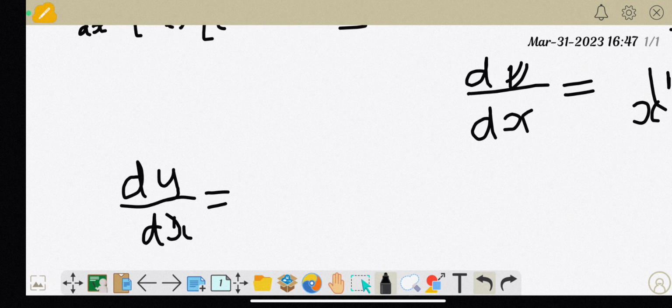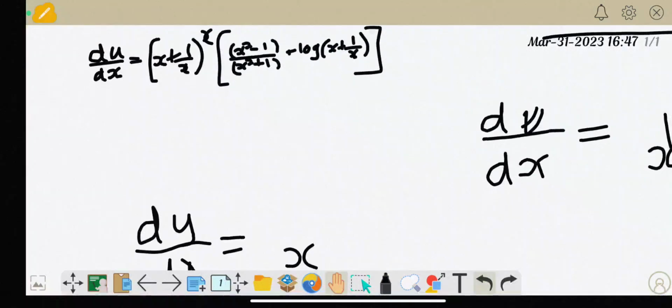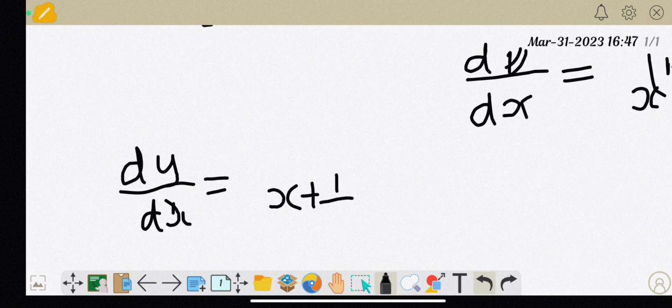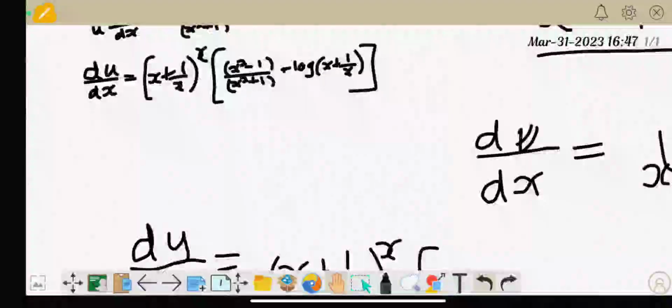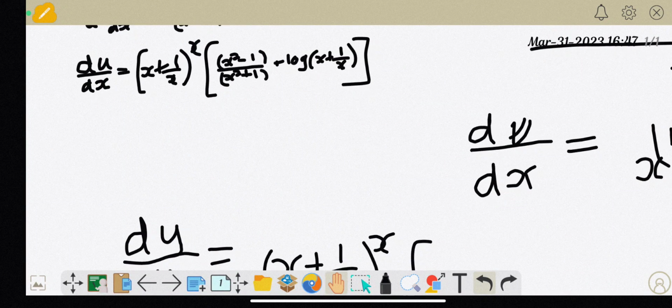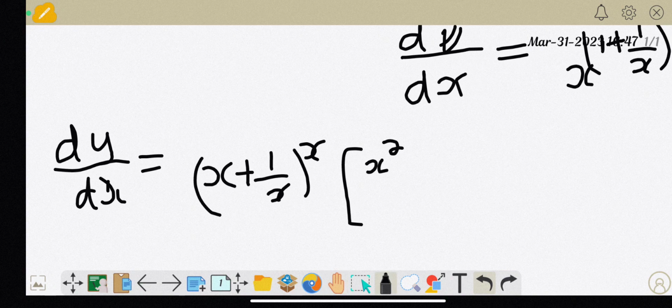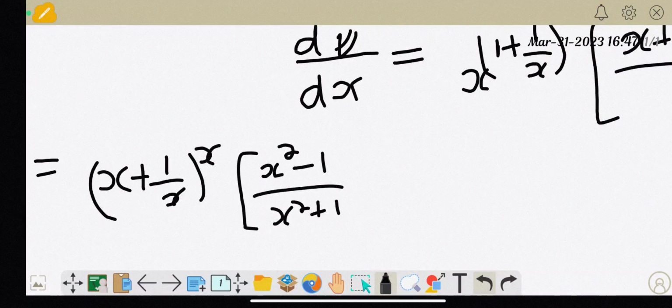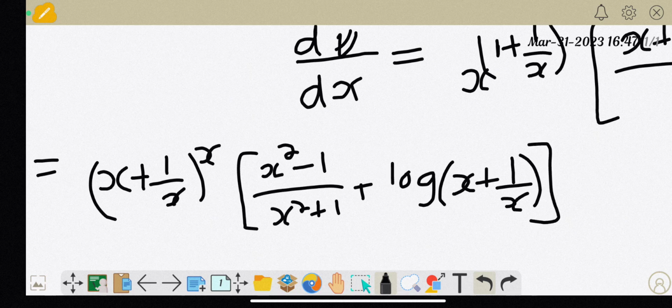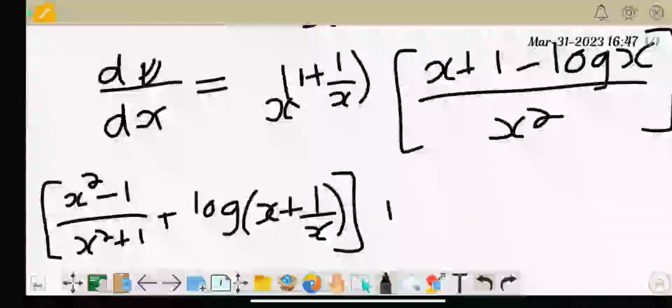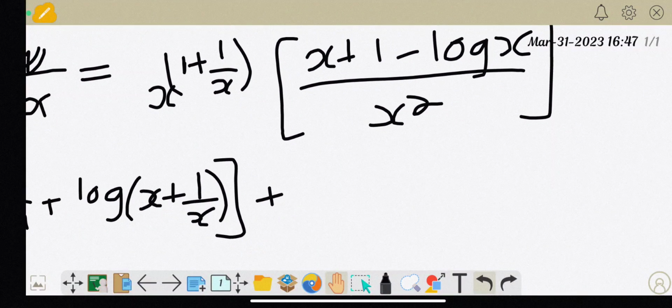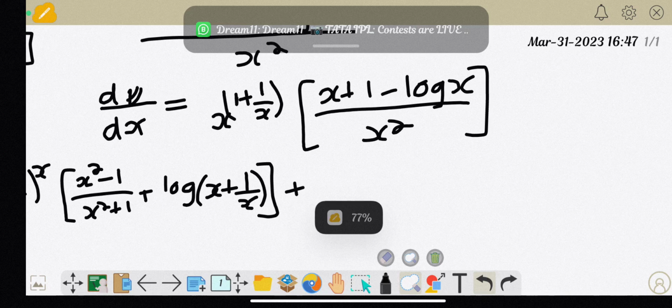It is x plus 1 by x to the power x into this term, x square minus 1 by x square, plus log x plus 1 by x, plus this term dv by dx, whatever we got above.